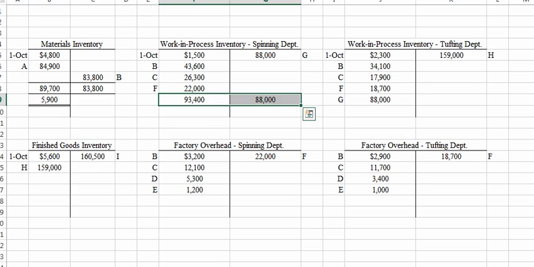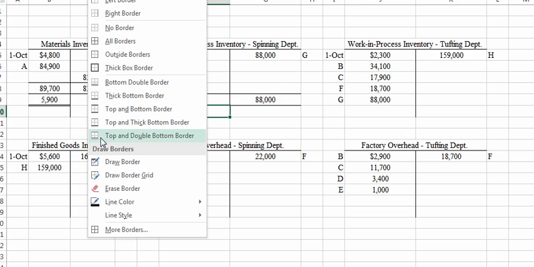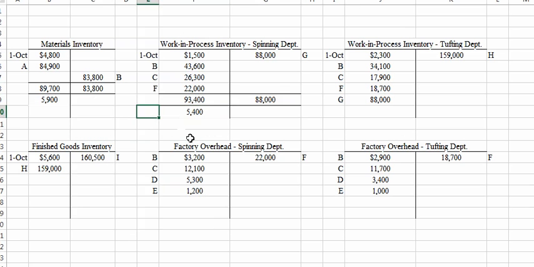Okay, so I total both sides here. Again, the debit side is larger, so I'm going to say the debit side minus the credit side. The difference is $5,400, and that's going to be my balance. And I'm going to put the date in here.